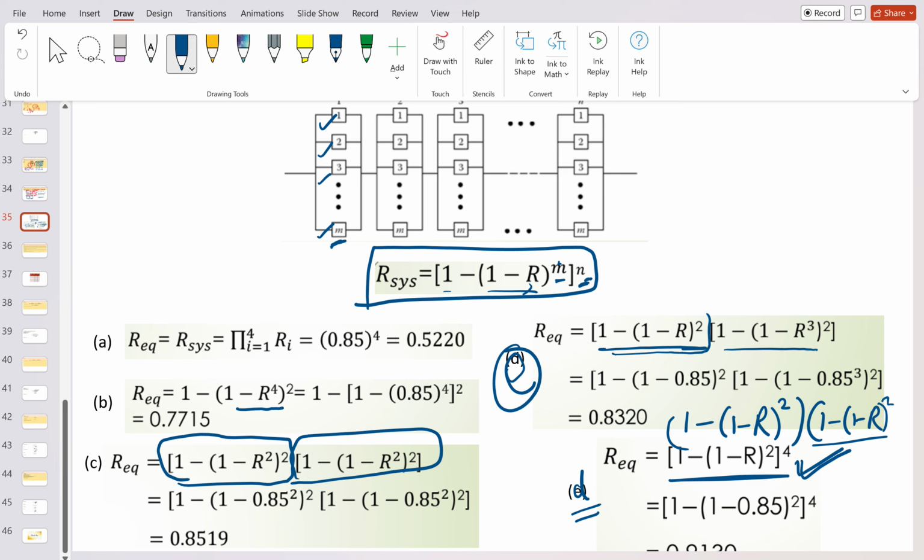Getting my point? You just have to remember this formula. You can also verify with the answers that when series components are connected, the reliability will drop down, and if the systems are connected in parallel, the system reliability will increase. Okay, getting my point?